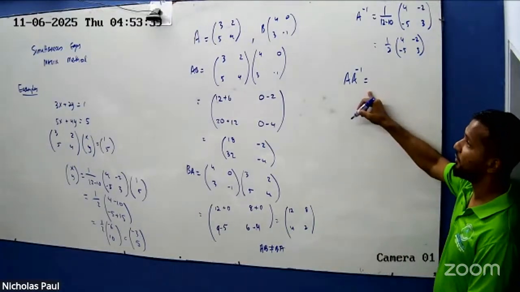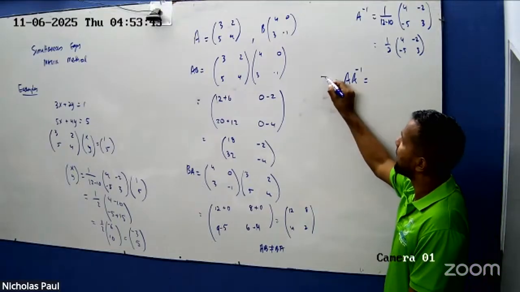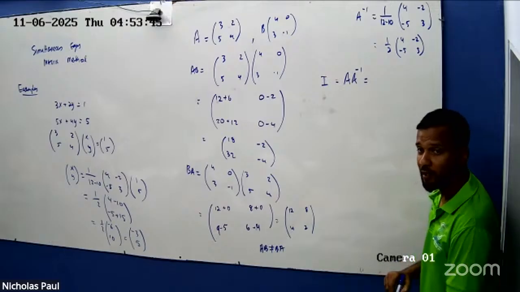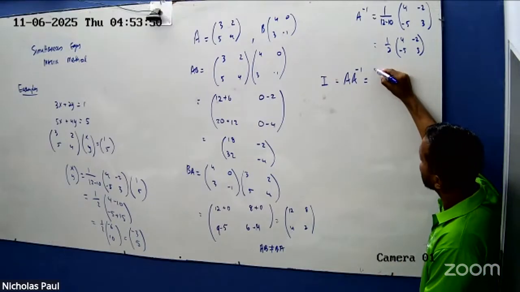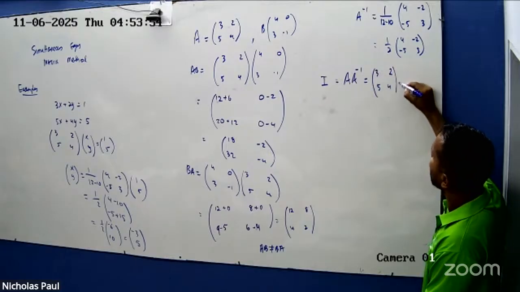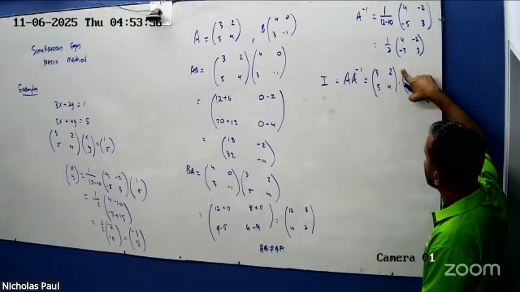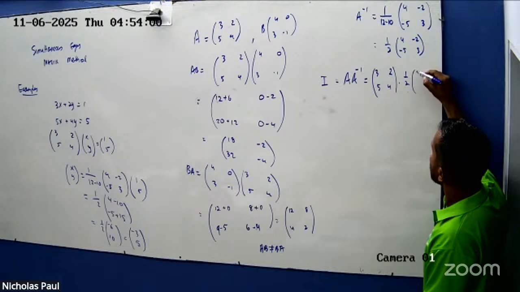I gave you this rule already. A by A inverse will always give you I. That's a rule I have to learn. So A is 3, 2, 5, 4. And A inverse is a half by 4, minus 2, minus 5, 3.